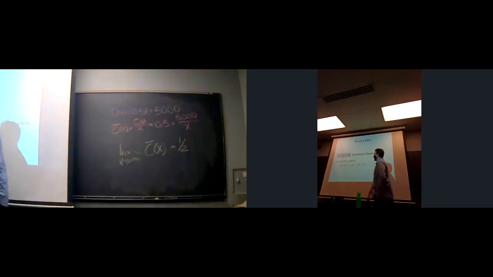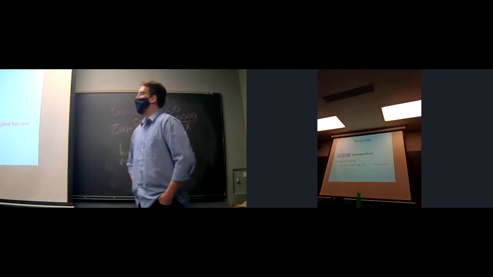So to start off with, let's imagine we've got the function x cubed plus 3x squared minus 9x plus 5. We want to graph this thing. Looking at it, do you think you know what it's going to graph into?